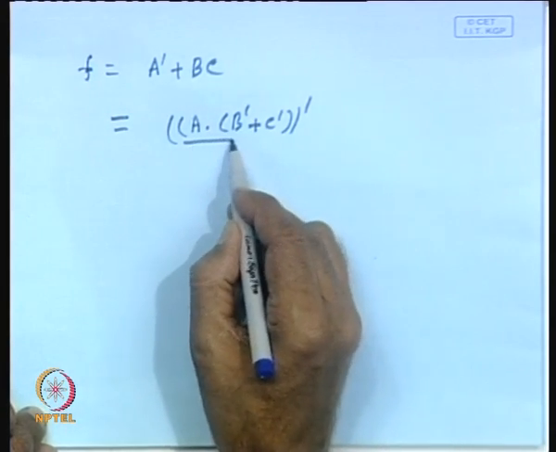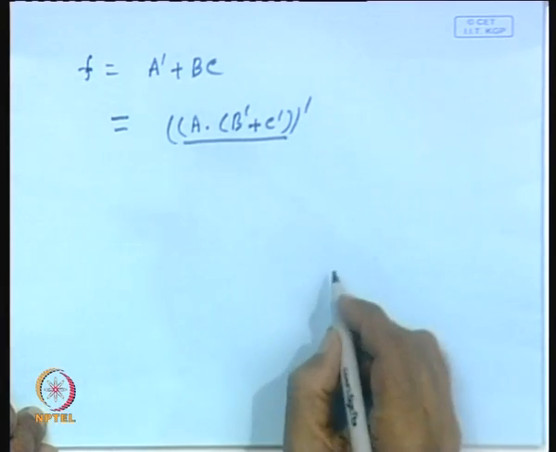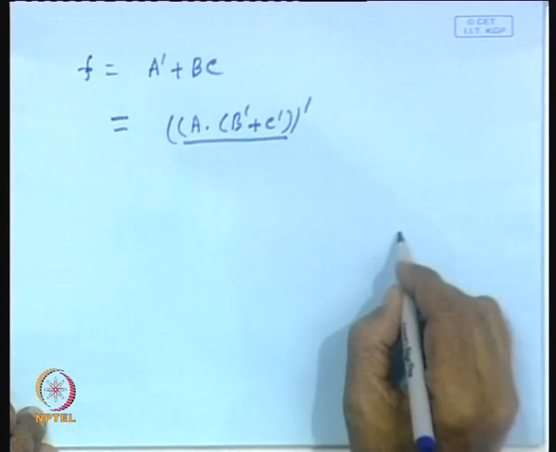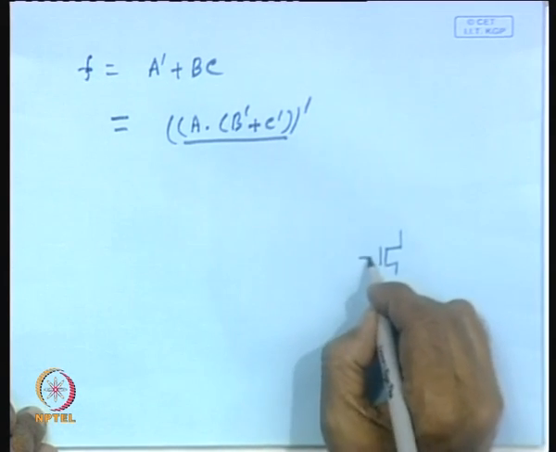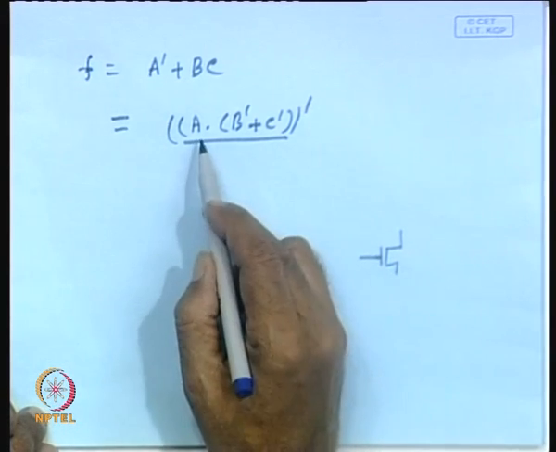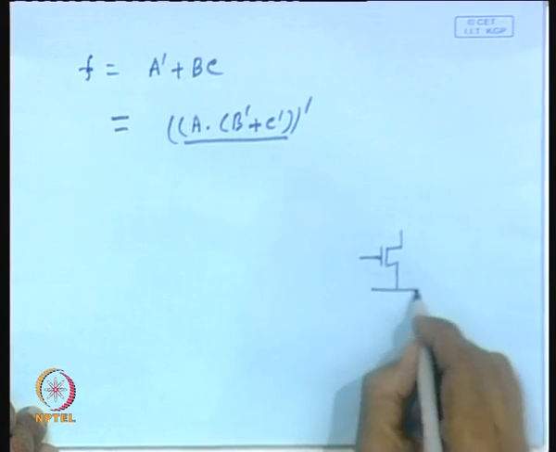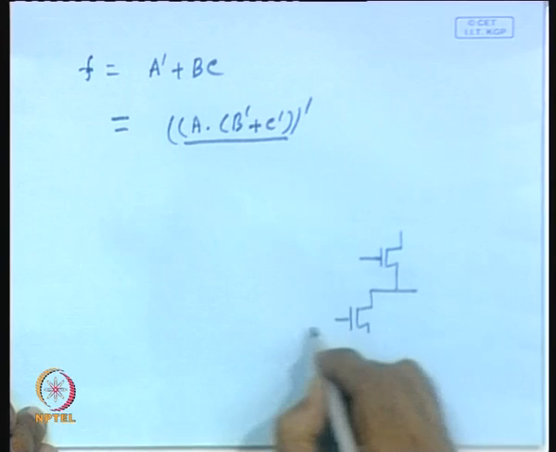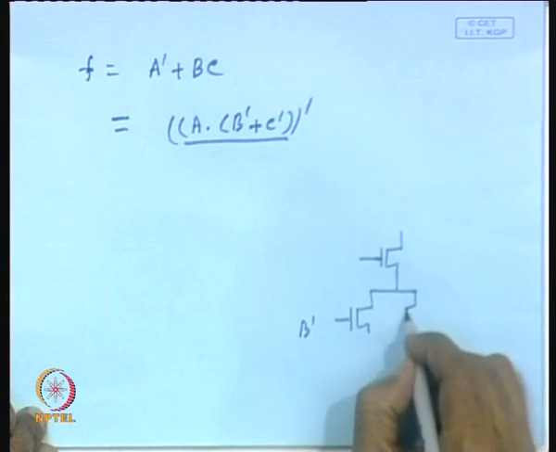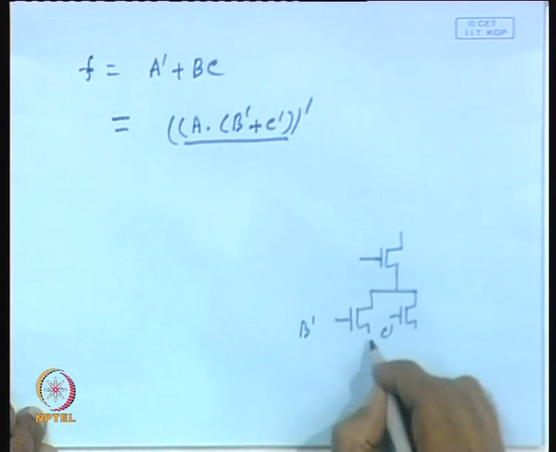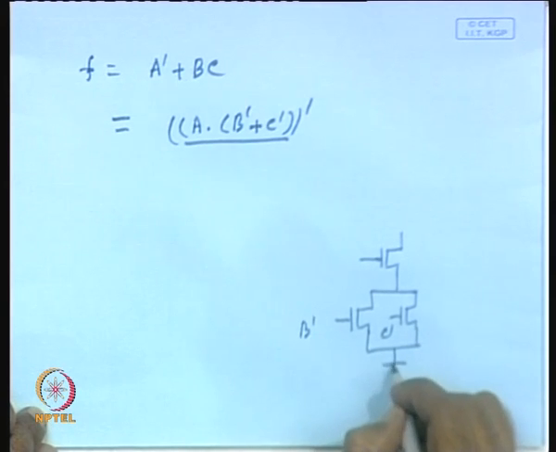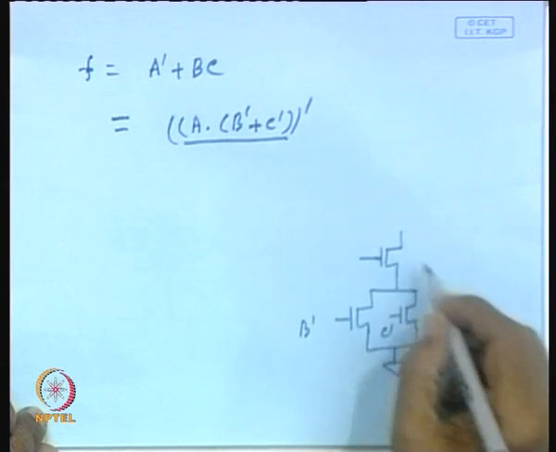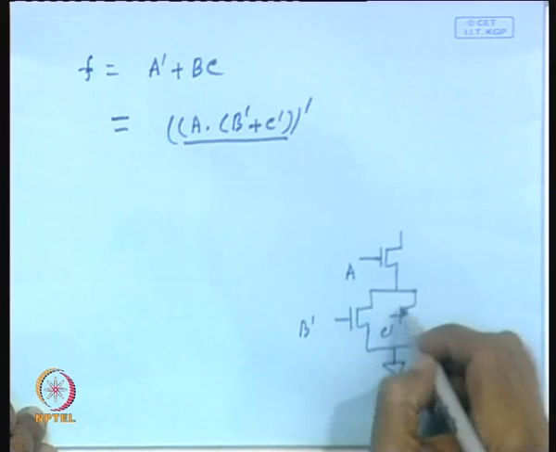This is the NMOS network. The NMOS network will be the series of A and the parallel combination of B bar and C bar, then connected to ground. So, this will be your NMOS network.